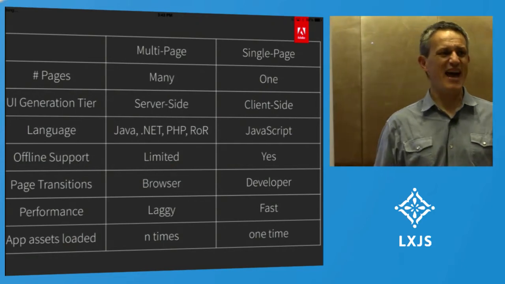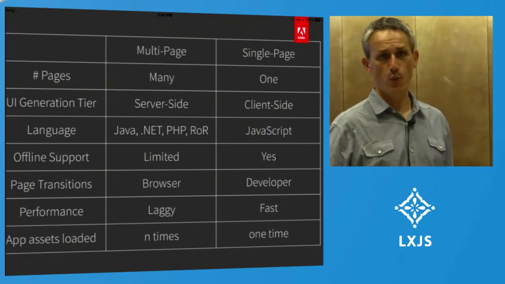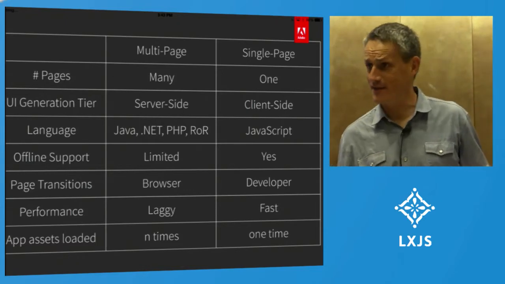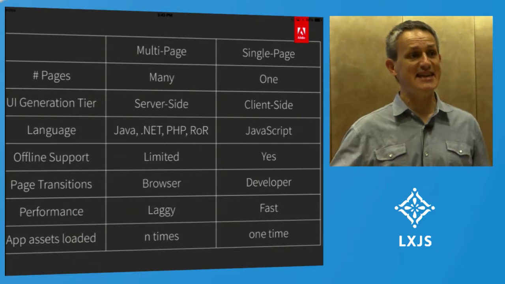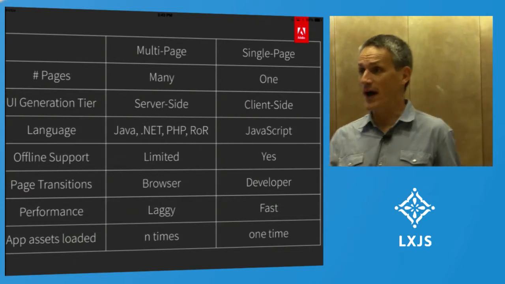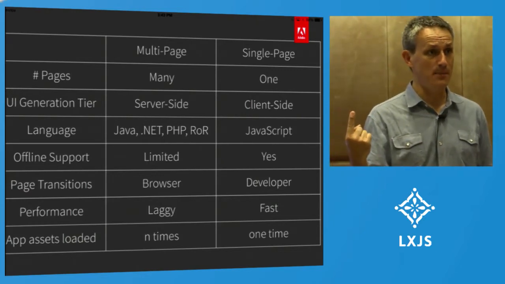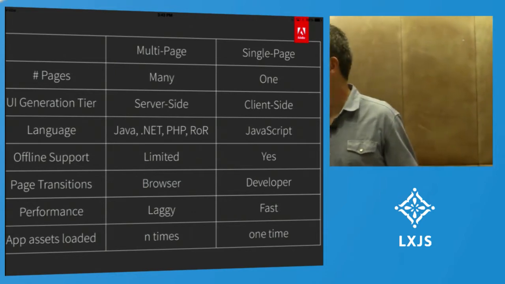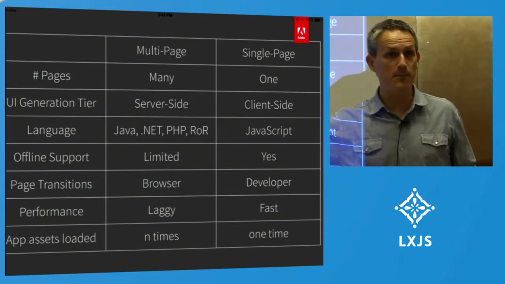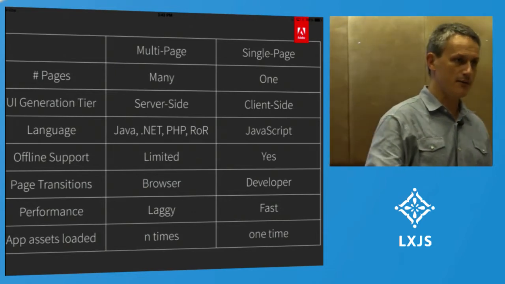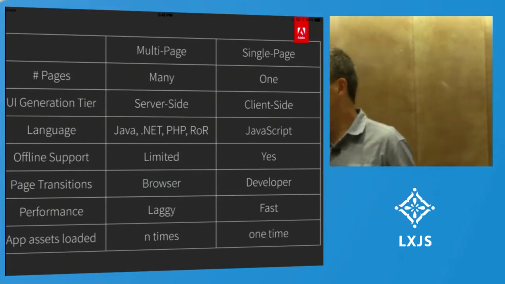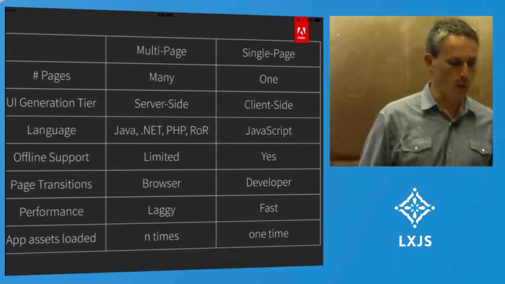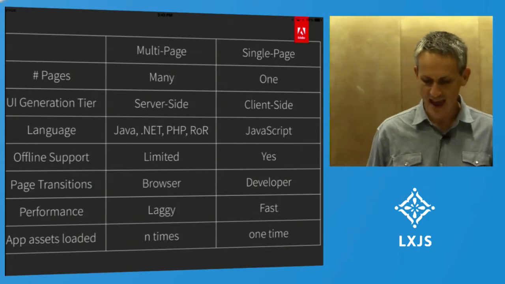And also the different assets in your application, whether it's libraries that you're using, jQuery, Backbone, whatever, or CSS, are loaded once because, remember, there is only one page. Whereas in the other model, every time you go to another page, if it uses jQuery, of course, it can be cached, but still, it's not going to be optimal because you're going to make that request to load these assets every single time.